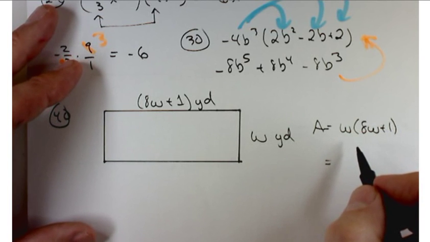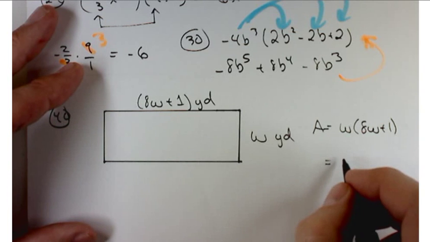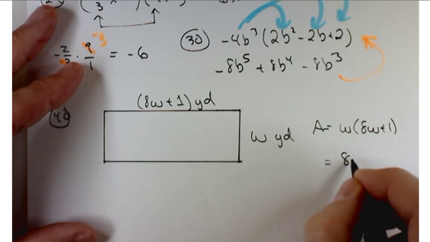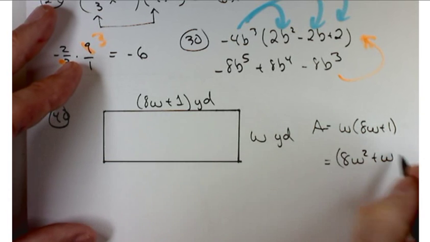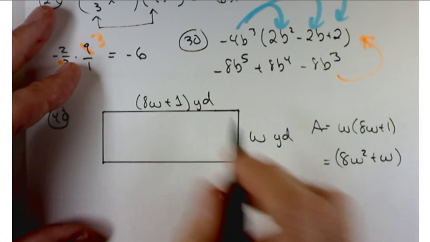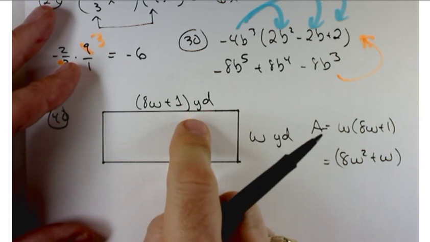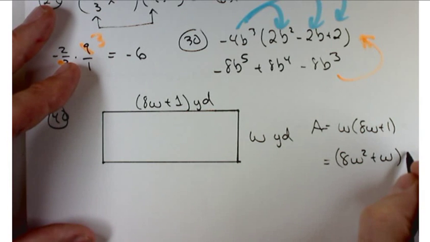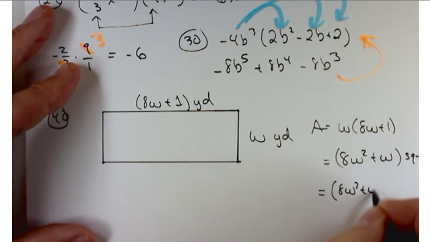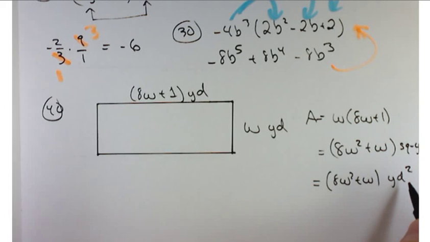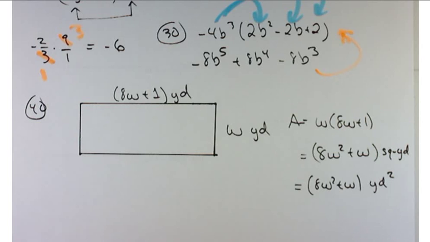Can someone distribute that for me? Good. Now the units, when you have area, your units are always going to be squared. So you can write square yards like that, SQ yards, or you could also write, and even though it kind of bothers me mathematically, you can write yards squared like that, but it represents an area, square units.